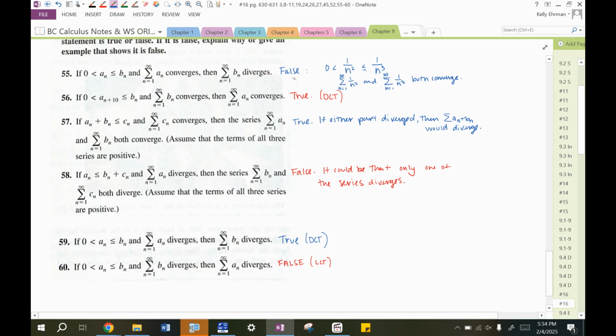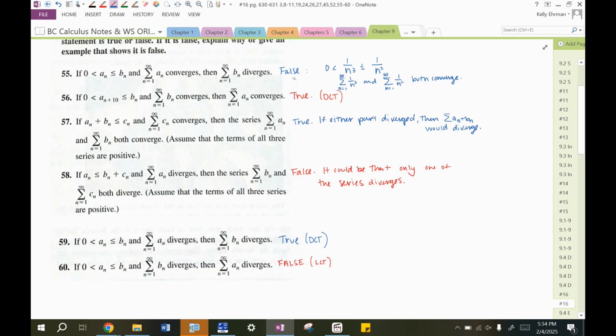Okay, let me switch this around. I want to correctly compare these. So the cubed has to be there, squared has to be there, but you get the idea. 1 over n cubed is smaller than 1 over n squared. Both of these are convergent P series. And so that's an example where the larger one doesn't have to diverge.